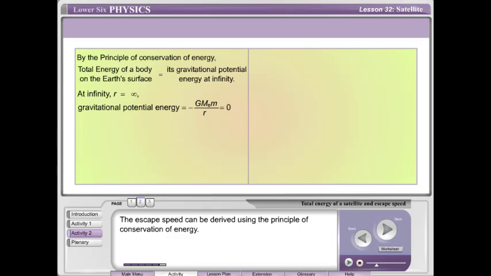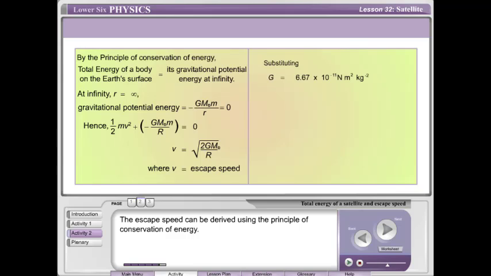Gravitational potential energy equals negative G M_E M over R equals 0. Hence, half m v squared plus negative G M_E M over R equals 0, which implies V equals square root of 2 G M_E over R, where V is the escape speed.